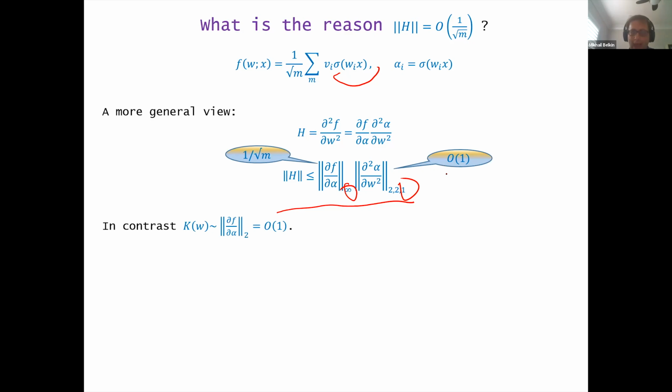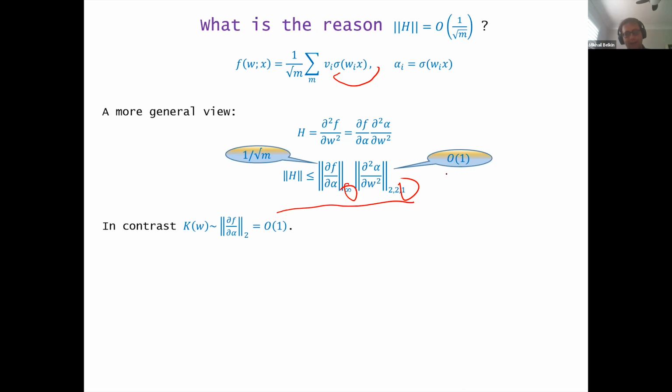Now, k of w, the kernel, also relates to f of alpha. It's essentially of the order of the 2 norm of df over d alpha. But because each activation depends on the parameters just a little bit, the 2 norm and the infinity norm are off by a factor of square root of m.